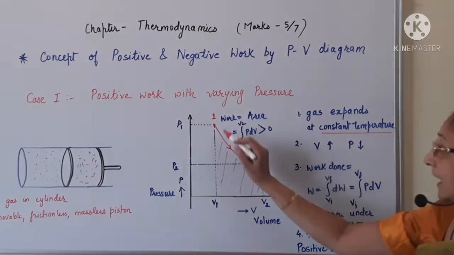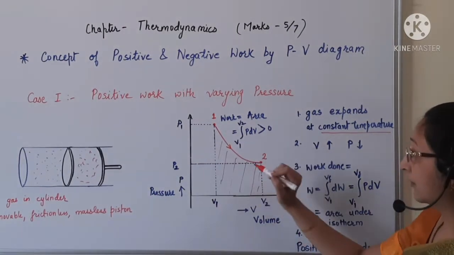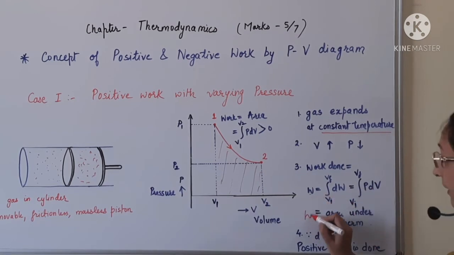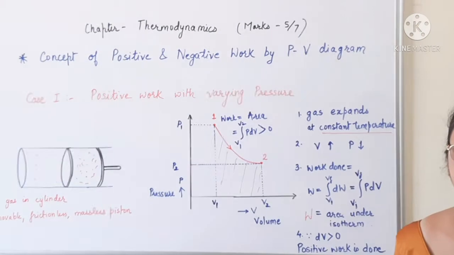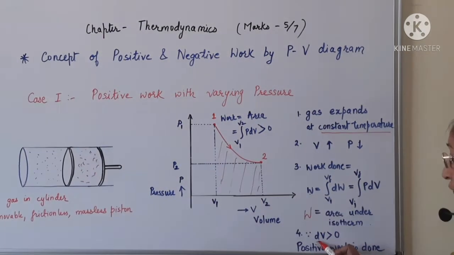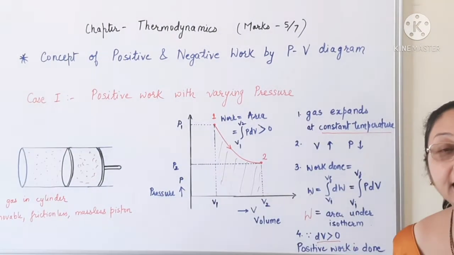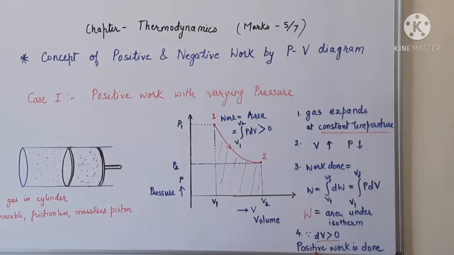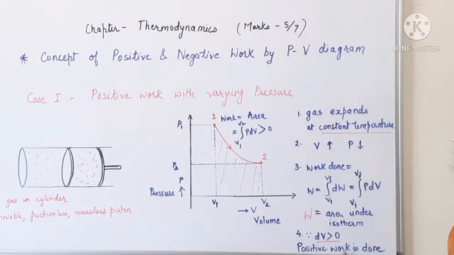So this area under the isotherm is the work done by the gas. Since the volume of the gas increases in this process, hence the work done by the gas is positive work done.